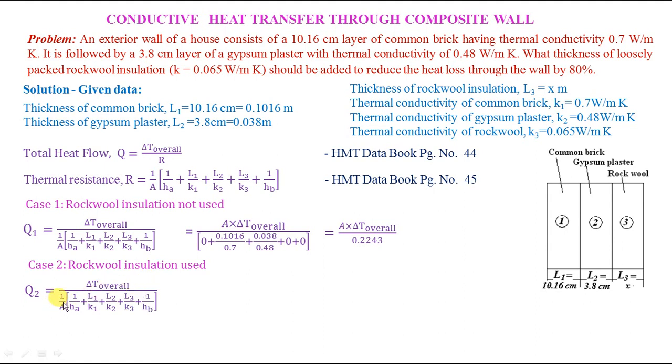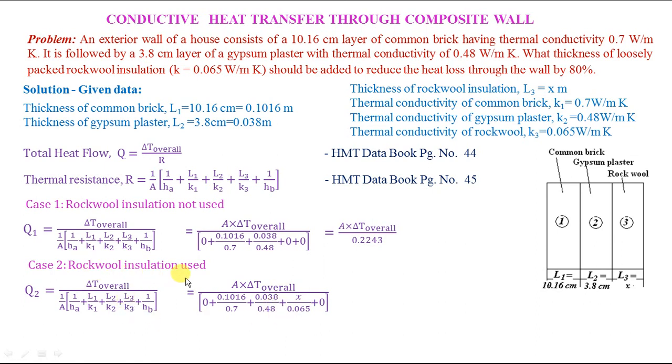In the second case, rock wool insulation used, the equation will be Q2 is equal to delta T overall divided by 1 by A 1 by HA plus L1 by K1 plus L2 by K2 plus L3 by K3 plus 1 by HB. That will be A into delta T overall divided by, same as the first equation, 1 by HA will be 0 plus L1 by K1 is 0.1016 by 0.7 plus L2 by K2, that is 0.038 by 0.48 plus L3.